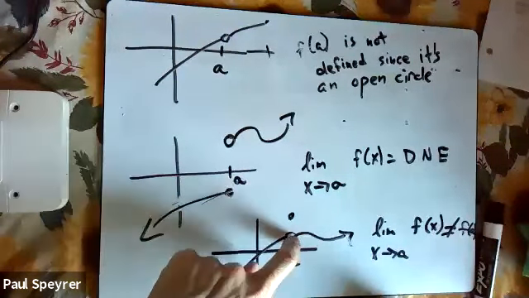Because that's what had to be met for the third condition. Well, the answer is no, because we found out what the limit was as x approaches 0. What do we wind up with right there? We got a DNE, right? We got a DNE.